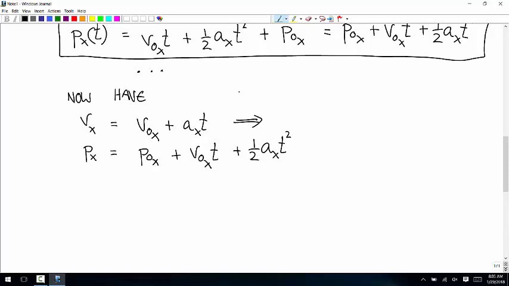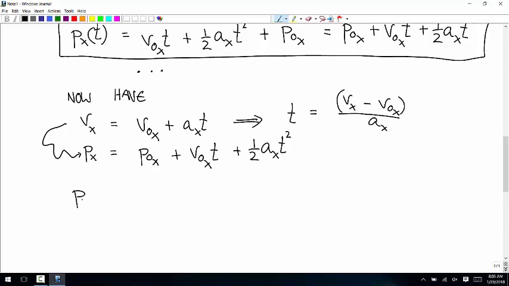So if you rearrange this, you get that t is equal to quantity Vx minus V0x divided by ax. Now plug that into the position function.